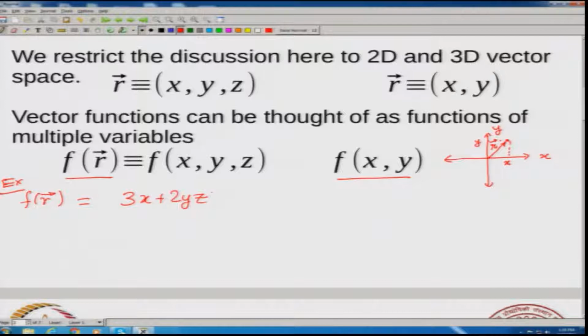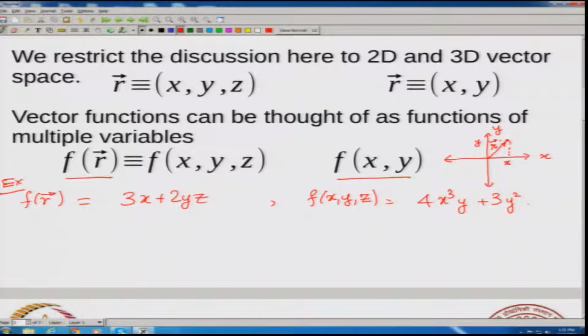Or I can write f of x, y, z equal to 4x cubed y plus 3y squared. In this particular case it has no dependence on z, but even that is a general function of x, y, z.